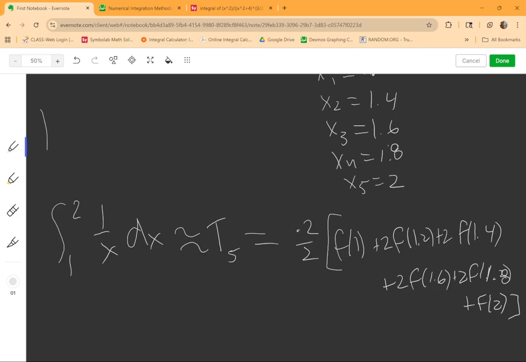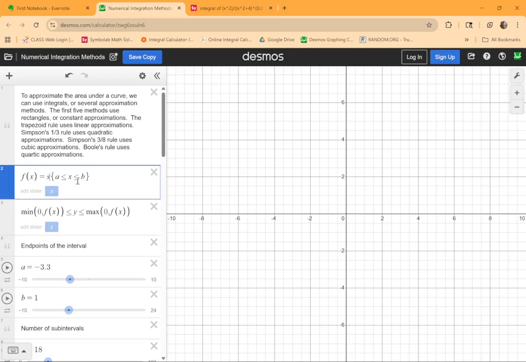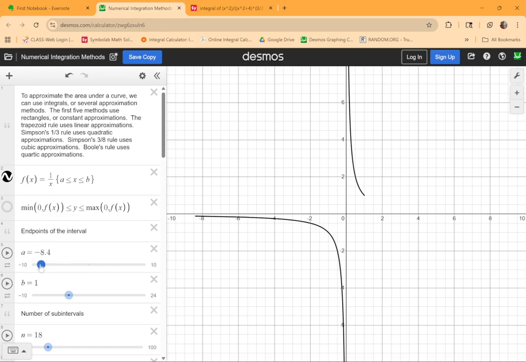And again, from here, no need to do this by hand. Let's go ahead and use some help here. So here, let me set this up properly. It was 1 over x, and then we're going from 1 to 2.